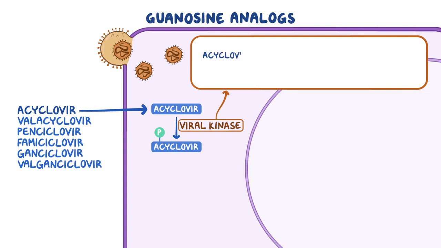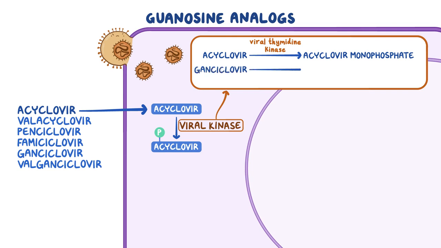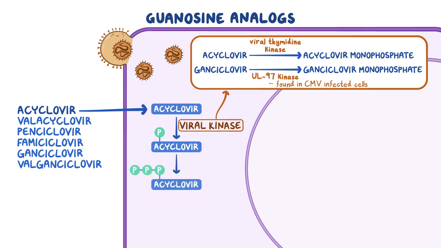For example, acyclovir is converted to the acyclovir monophosphate by the viral thymidine kinase, while ganciclovir is initially phosphorylated by the enzyme UL97 kinase, which is found in CMV-infected cells. Next, the monophosphate form is phosphorylated twice to the activated triphosphate form by cellular enzymes.